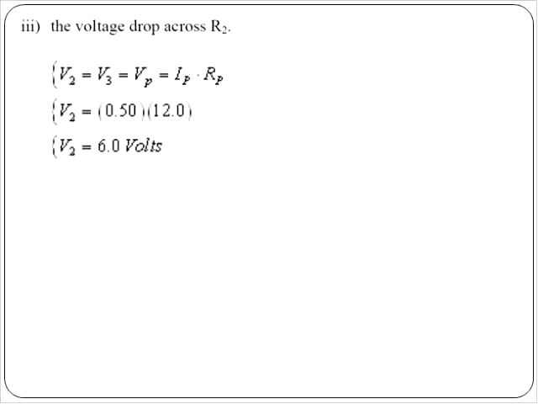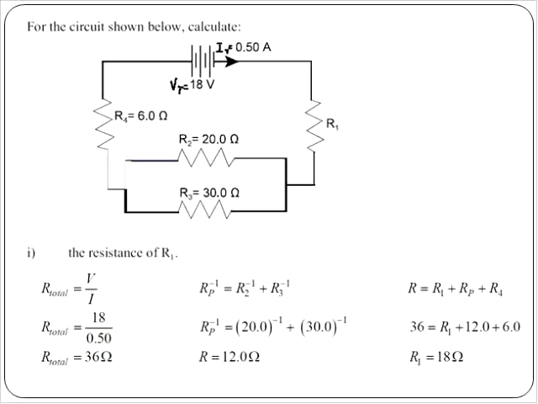Now there are other ways. I could have, for example, found V1 by saying I1 times R1, because I know I1 and R1. I could have found V4 by saying I4 times R4.